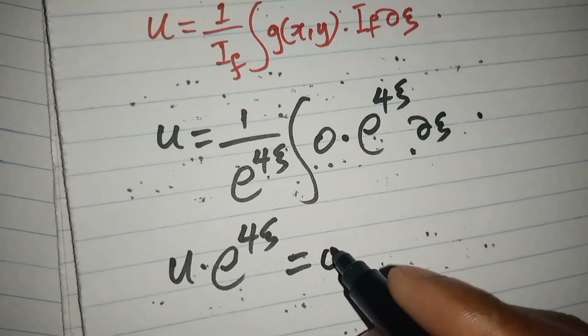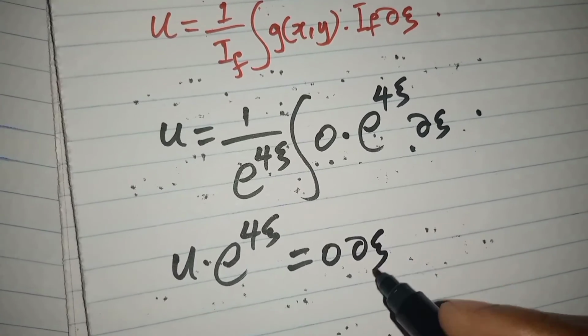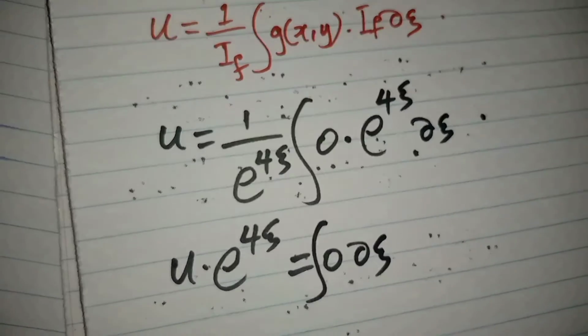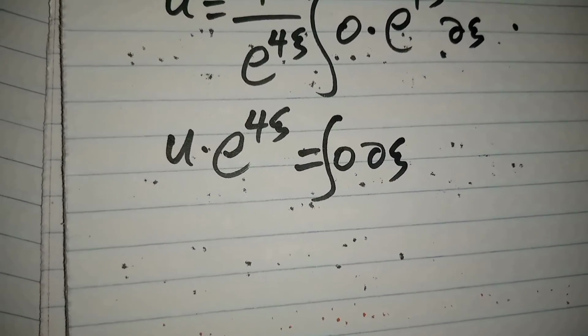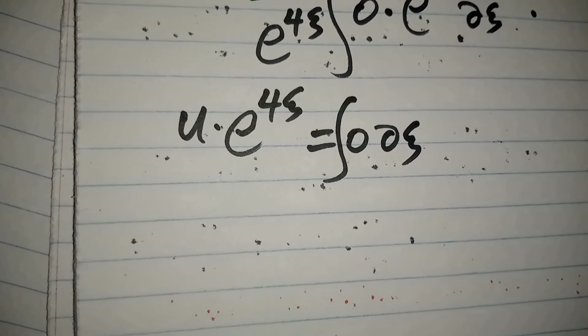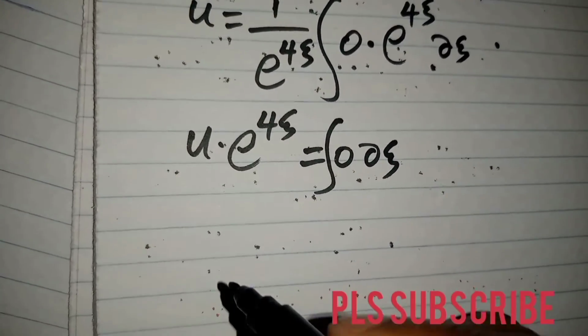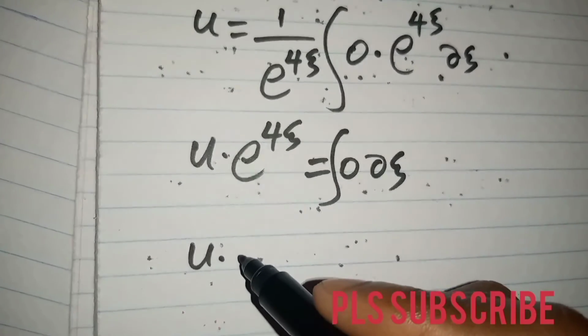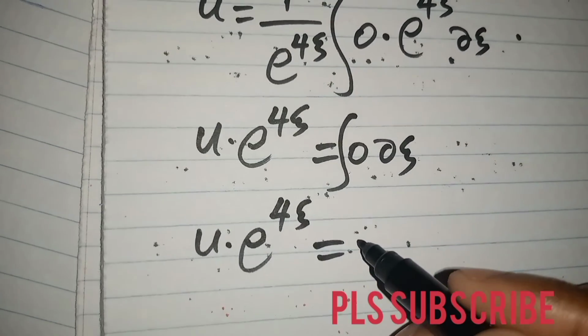Of course, we are integrating that one. Now when we integrate 0 we get 0, and therefore we are going to have u times exponential 4xi equal to 0.